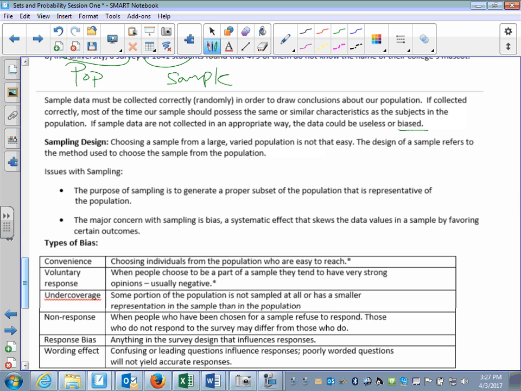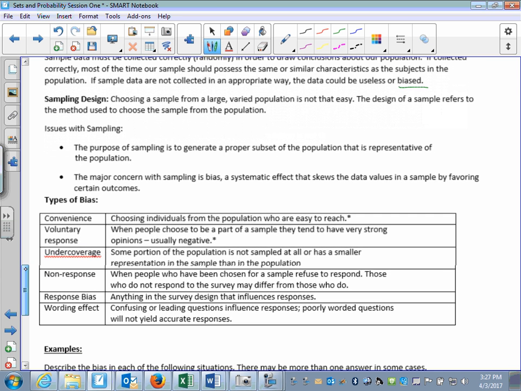You'll find that if you're sampling about a particular issue, people that have strong feelings about the issue will respond more than those that really don't care about it much. And so that would give you a voluntary response bias.